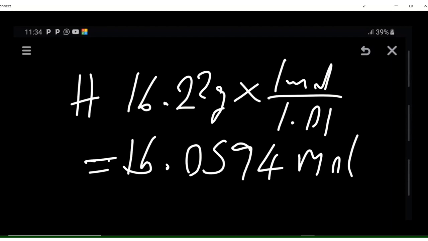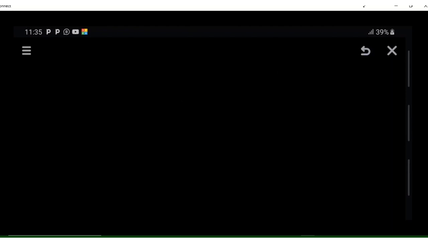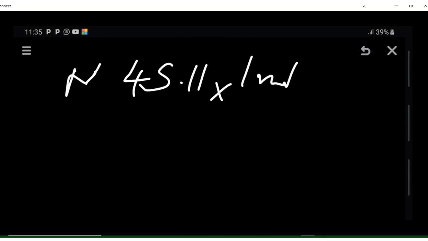Last but not the least, we have nitrogen. For nitrogen, we have been given 45.11%, multiplied by a mole over the mass of nitrogen, which is 14.01.